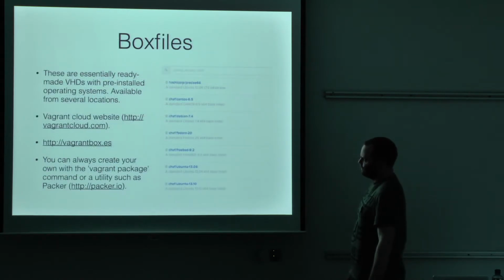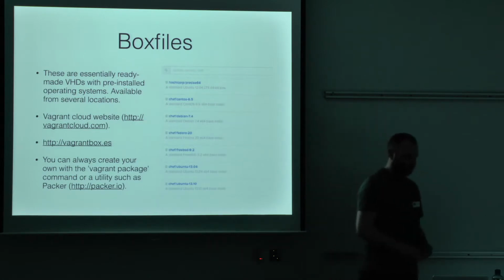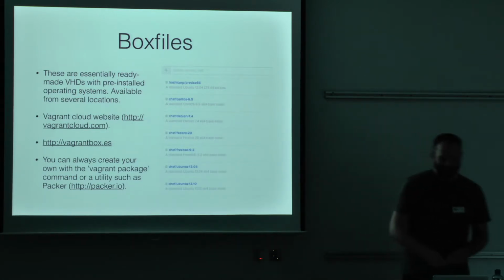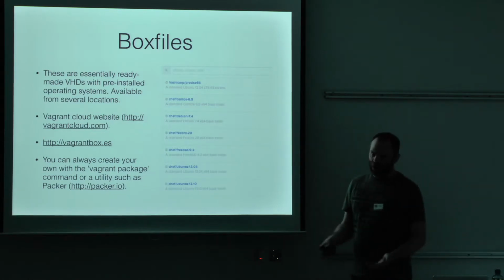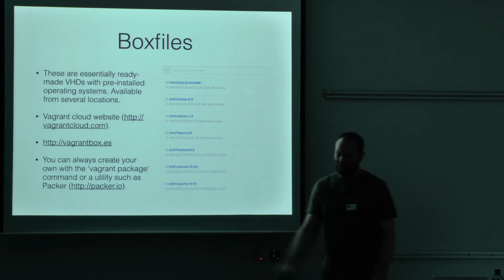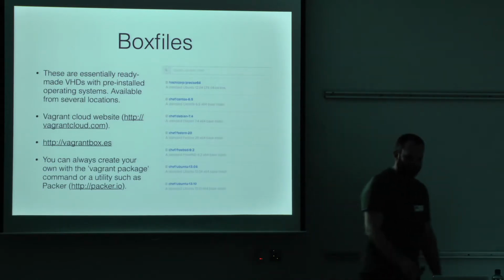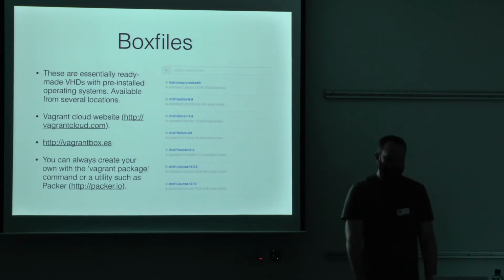Box files, okay? Whenever you create a Vagrant file, the bare minimum thing you have to have listed in it is a box file. And what is a box file? It's essentially a ready-made virtual hard disk file, okay? Whenever you create a VM in VMware or VirtualBox or whatever else, that will create a VHD file. It's just a single file that is like a file system.